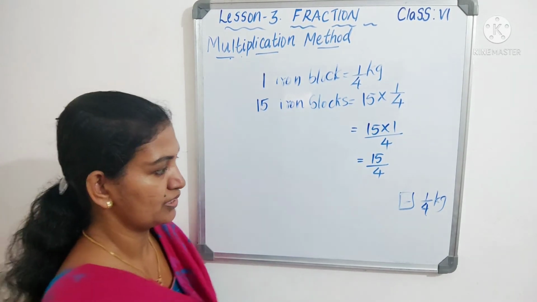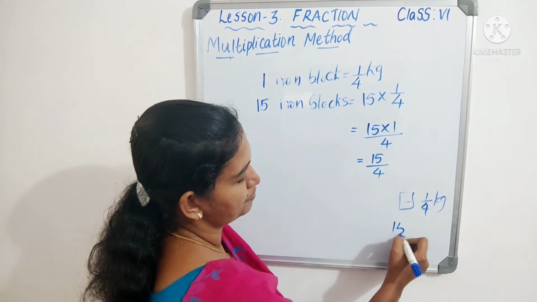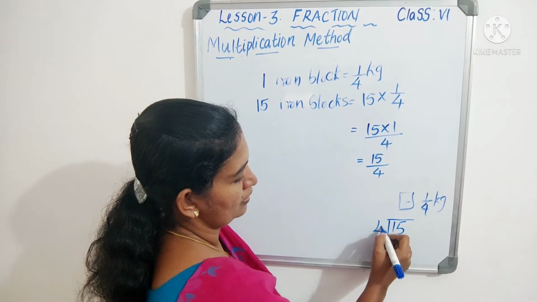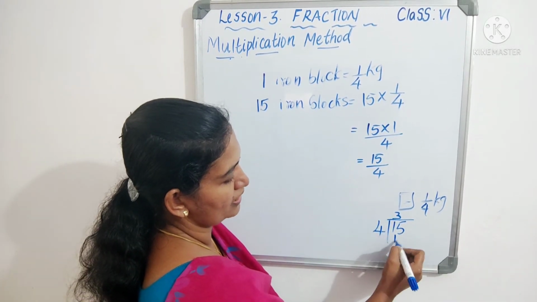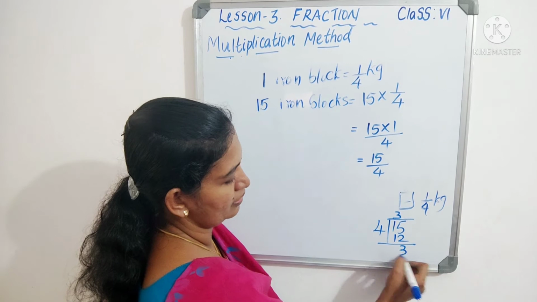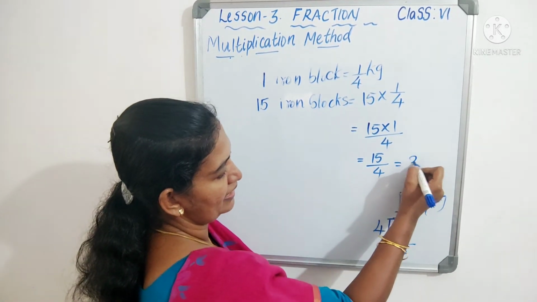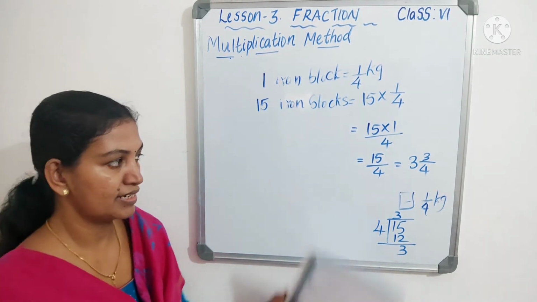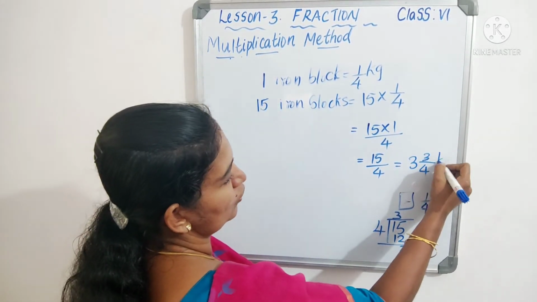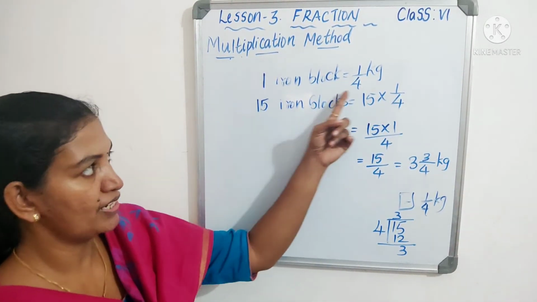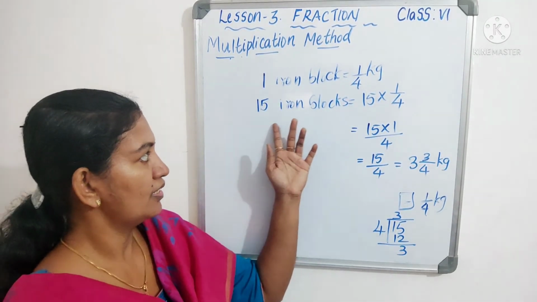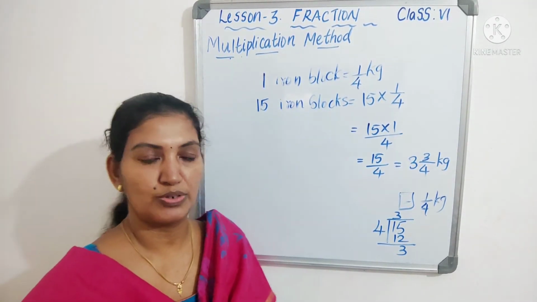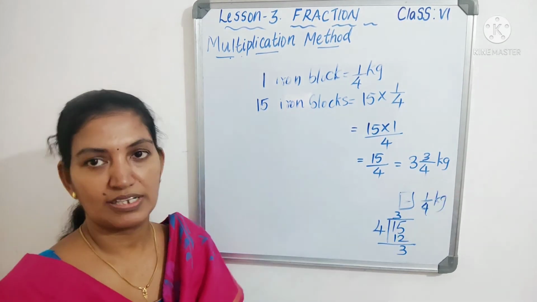So we have to convert 15/4. 3 4s are 12, then the remainder is 3. This we can write as 3 3/4 kilogram. So one iron block weighs a quarter kilogram, and the weight of 15 iron blocks is 3 3/4 kilogram.